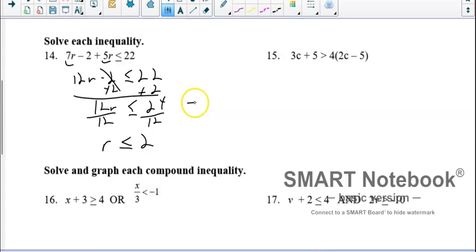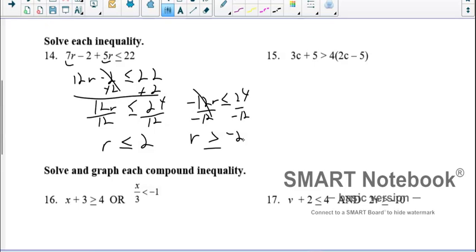So case in point, if I just gave you this problem, simple problem, negative 12 less than or equal to 24. If I multiply or divide by a negative number, as soon as I do that, that symbol flips. And I have my negative 2.